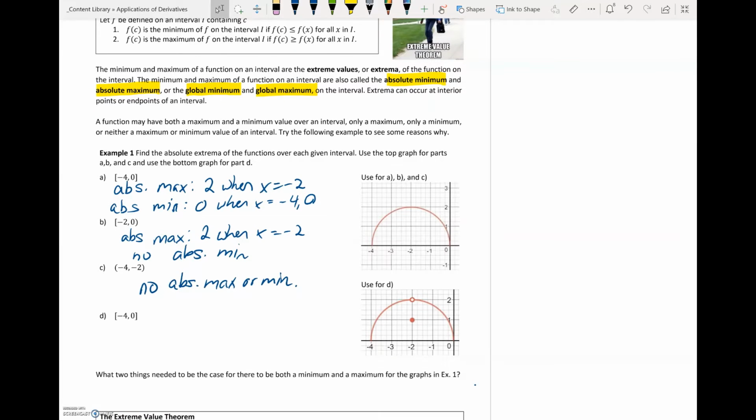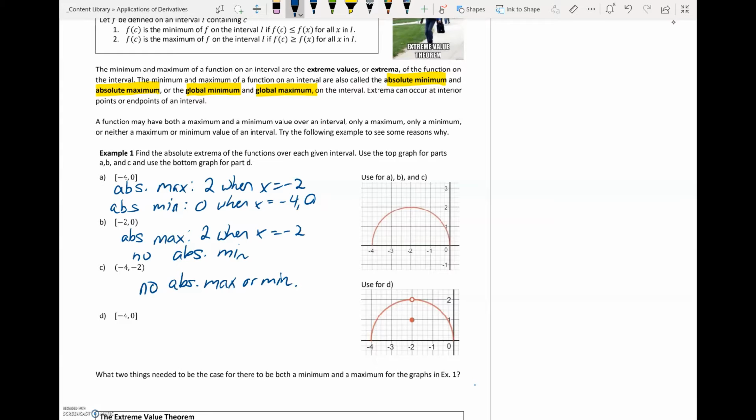And now we're going to look at D. So we're looking for extrema between -4 and 0, including -4 and 0. Well, we do have minimum values. We have two absolute minimum values because the y value is 0 and x equals -4 and 0 are included in this interval. However, if we look at the max, we want to say it's going to be 2, but that's not actually part of this graph.